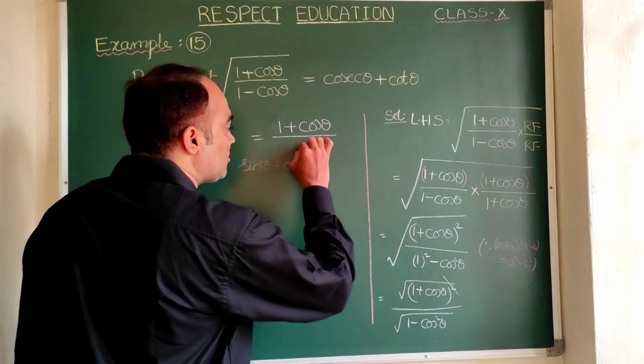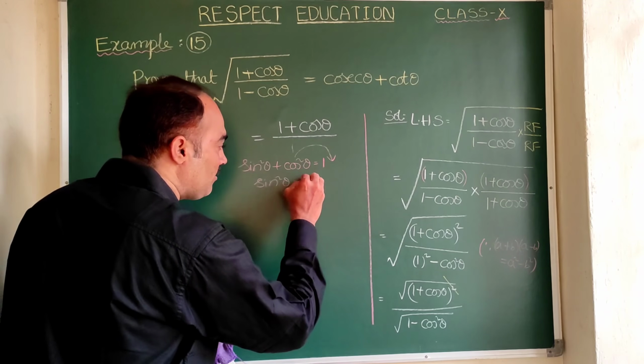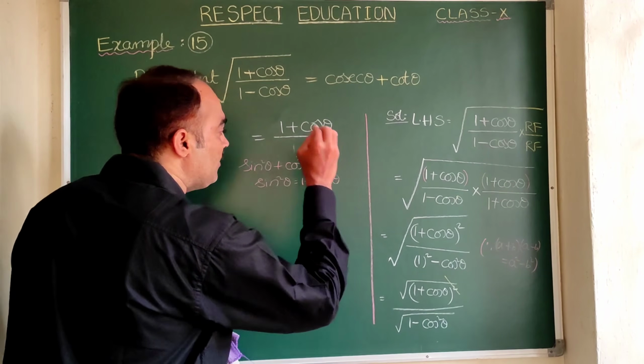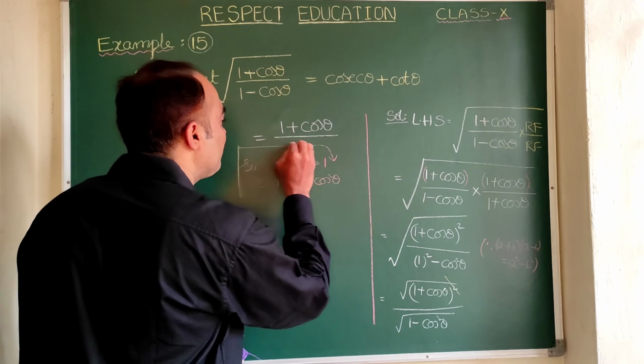So let us send cos square theta that side. So here sin square theta is equal to 1 minus cos square theta. Is it clear?